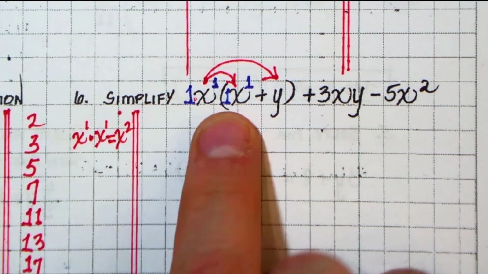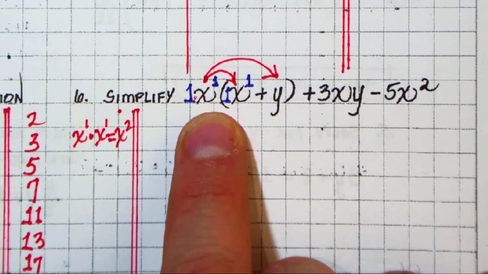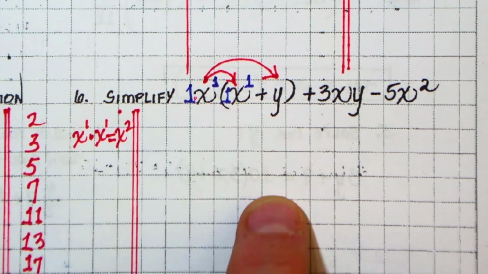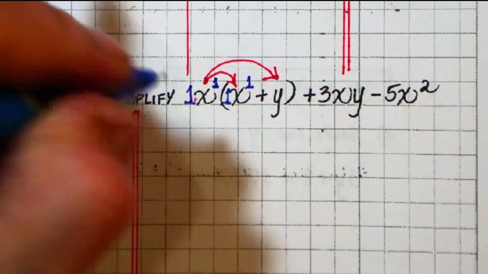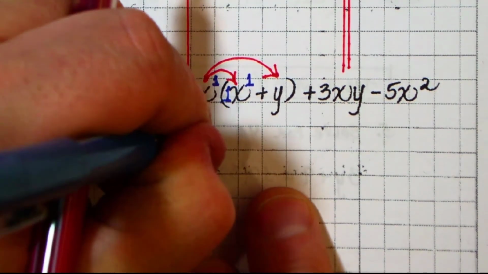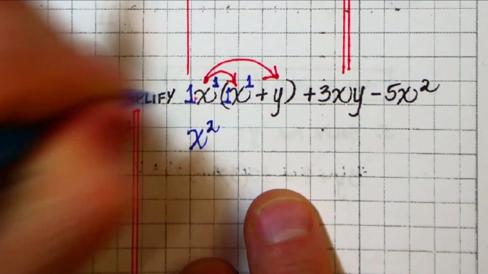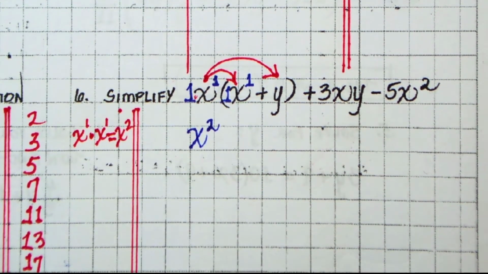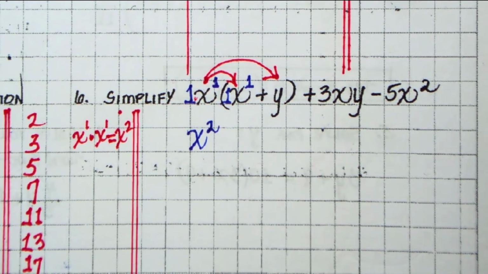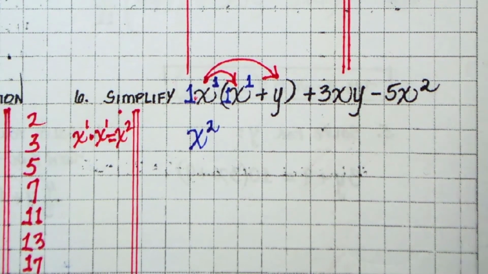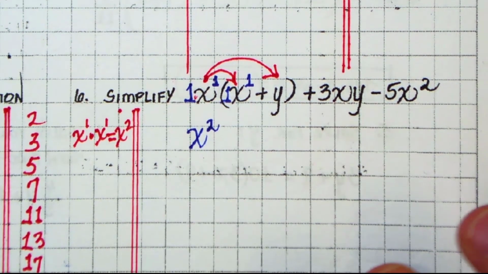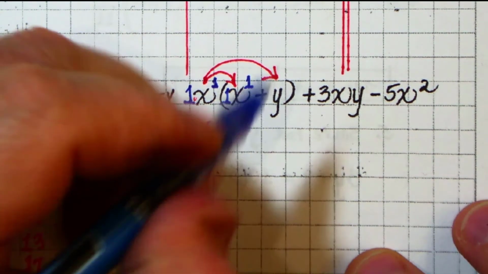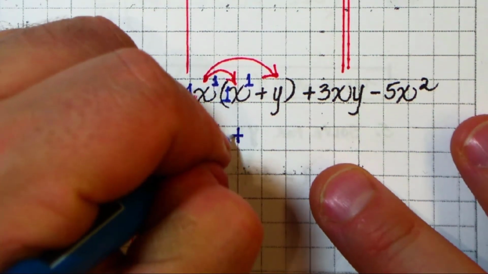So that first distribution, x to the first times x to the first, we're just going to write x squared, or x raised to the power of 2. That's called the product rule, where you add the exponents when the bases are the same. Now, x times y is just xy. There's nothing to do there. We just write x squared plus xy.